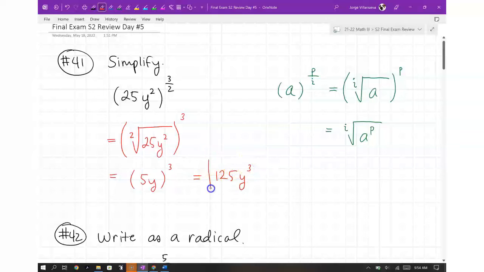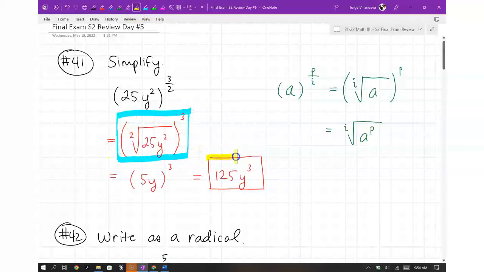Y to the 3rd. Now, let me just make a real quick mention here. Sometimes this is all you need because nothing else simplifies, okay? But other times, you may have to go all the way to this point. Okay? Both answers are correct, but one of them is completely simplified.